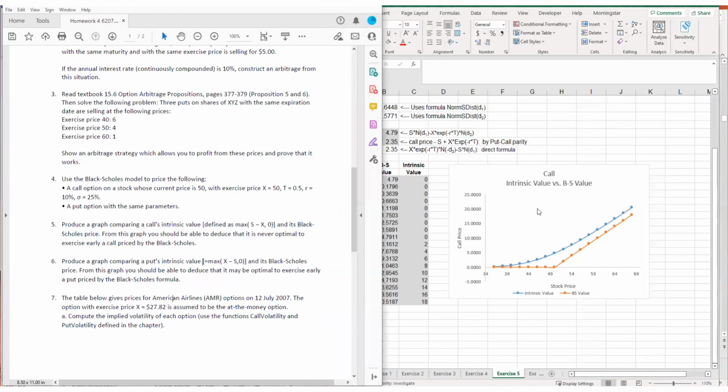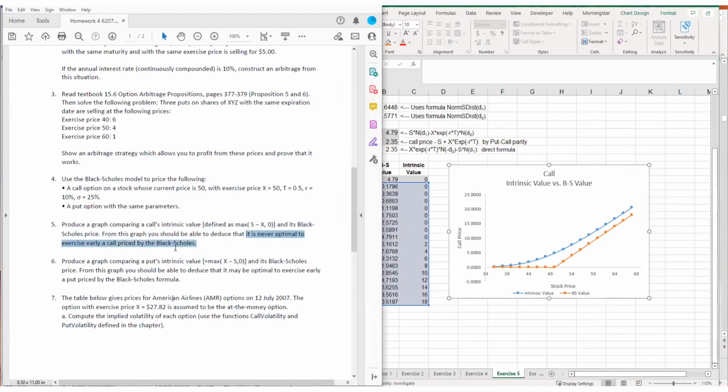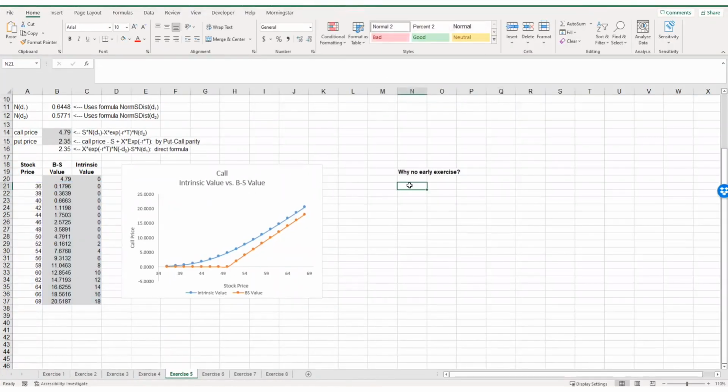Okay, so then how do we use this graph to show that it is never optimal to exercise the call option early? You'll see that the intrinsic value is always below the Black-Scholes price.